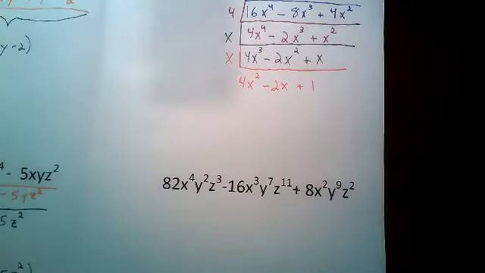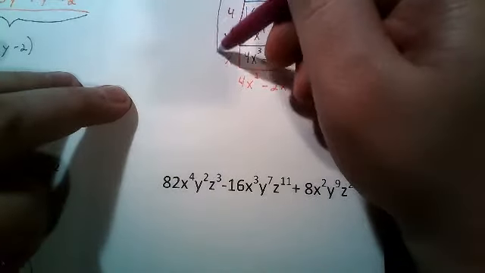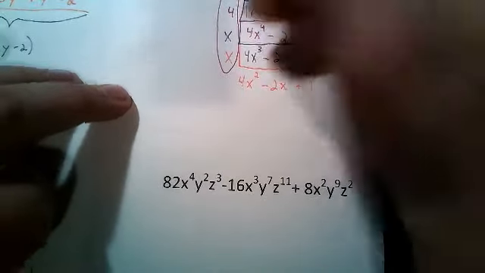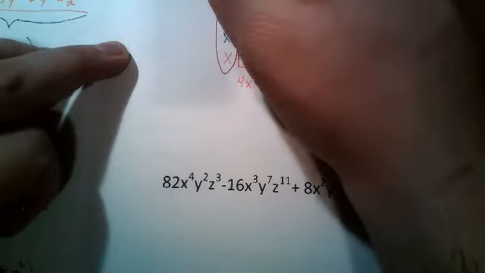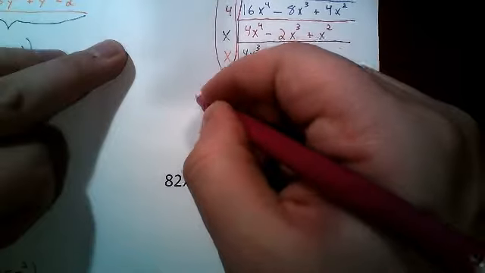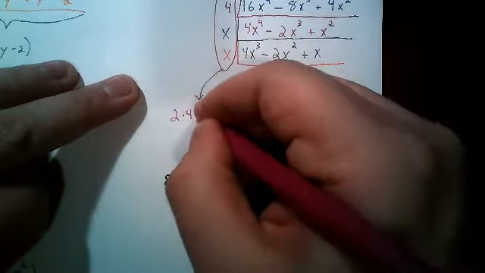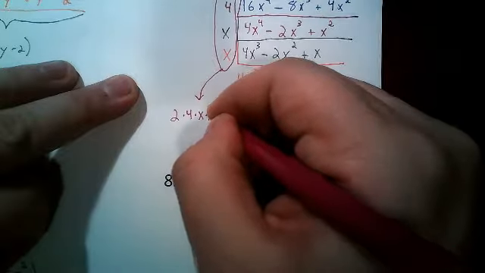And what that leaves me with is these as my greatest common factors. Which I would then write on the outside. 2 times 4 times x times x.